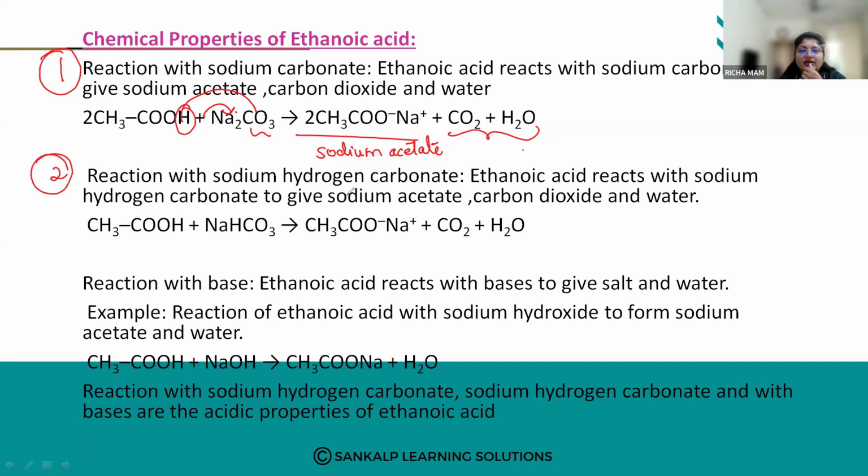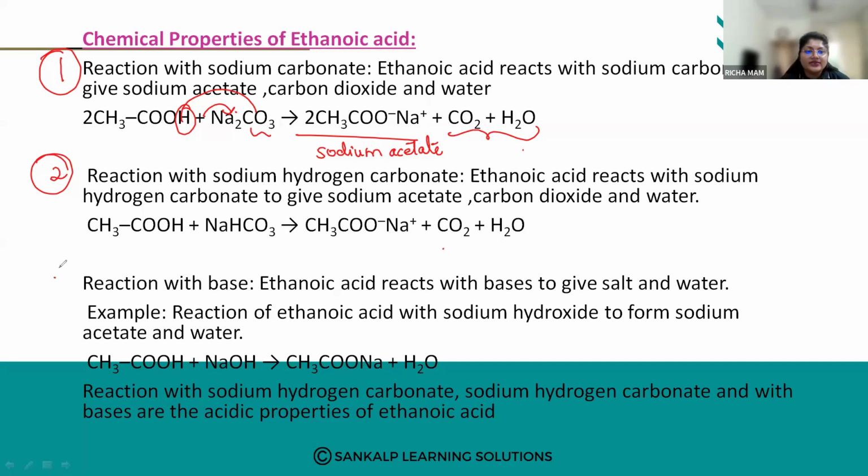Second is sodium hydrogen carbonate. When ethanoic acid reacts with sodium hydrogen carbonate, you again get sodium acetate, carbon dioxide and water.